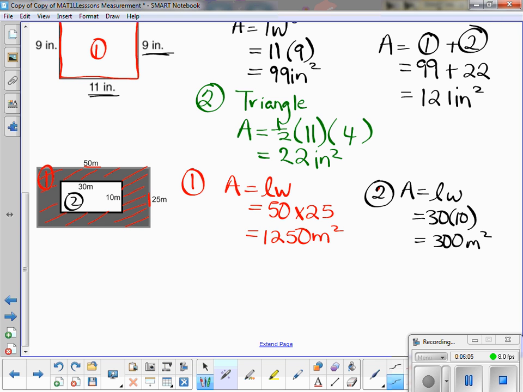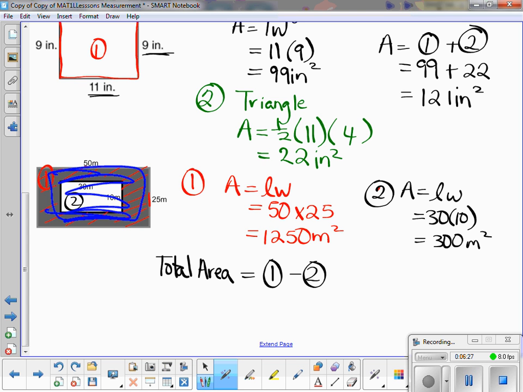So if I want that gray shaded part, I could say total area, and remember it's the total area they want me to find. I'm going to take that first one and subtract the second one. We found all of the first one, and now we're going to subtract the white part.